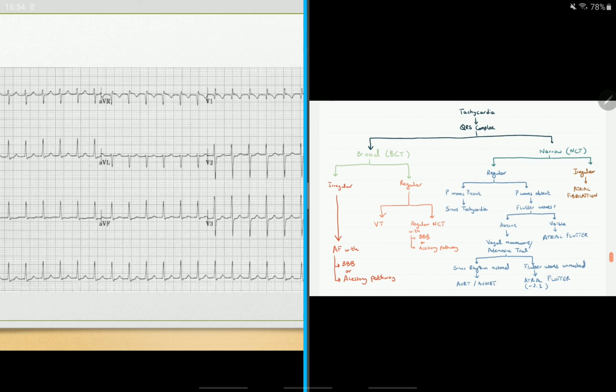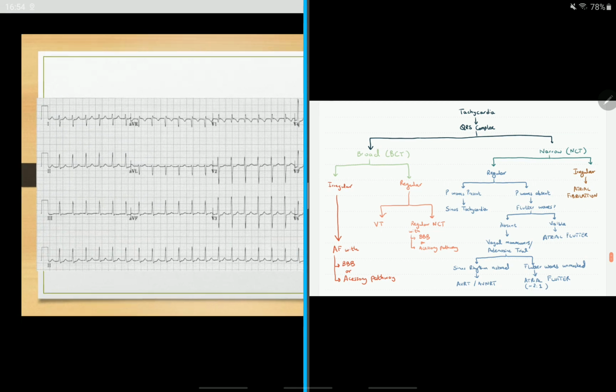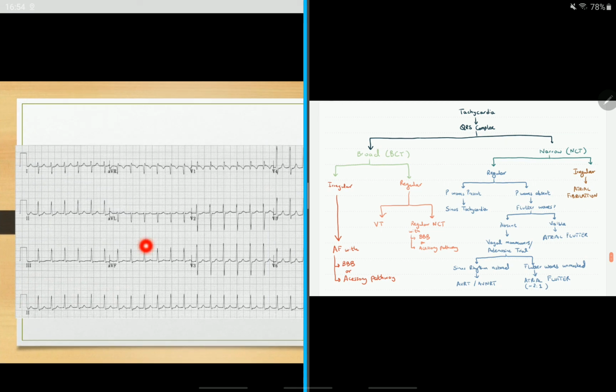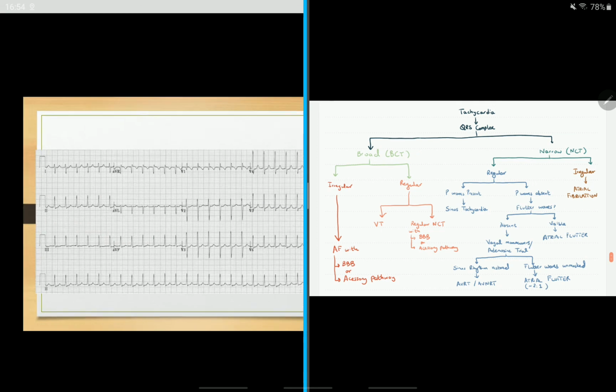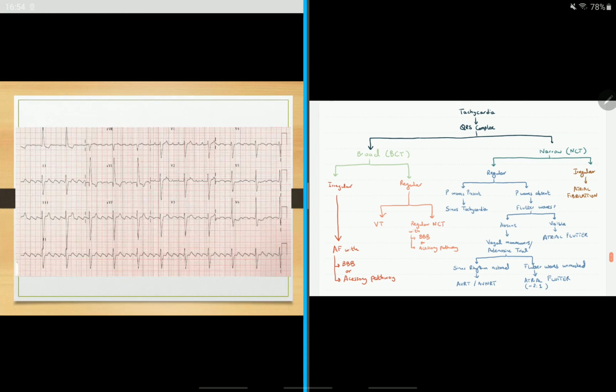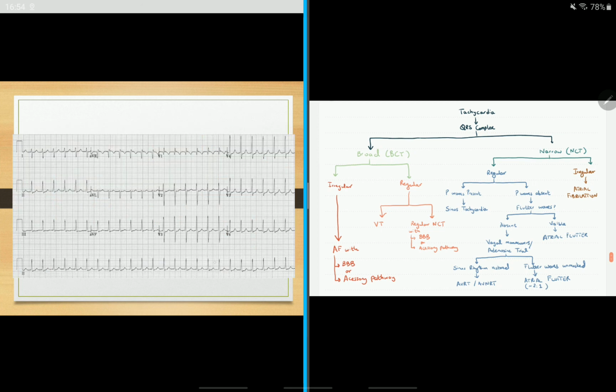However, if this is actually flutter with 2 to 1 block, then blocking the AV node will unmask the flutter waves, and you will see the flutter waves as you saw in the previous ECG. These ones would be unmasked if this is actually an atrial flutter coming as a narrow complex regular tachycardia.